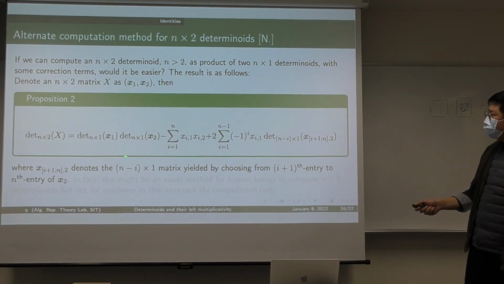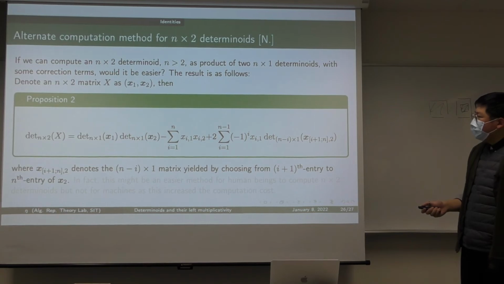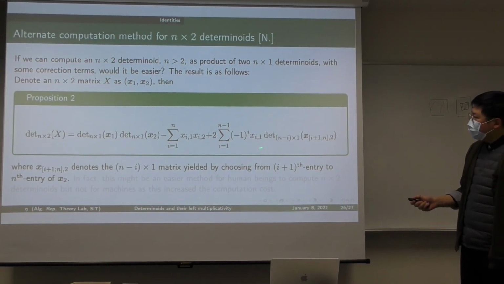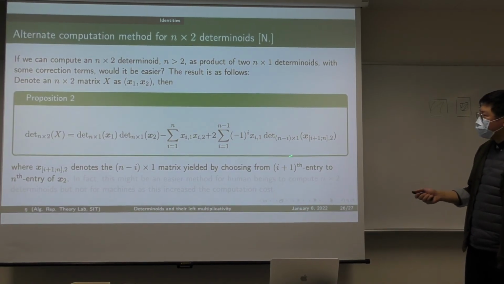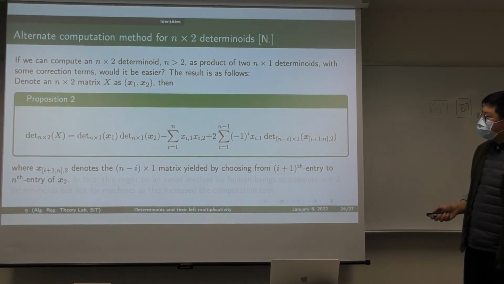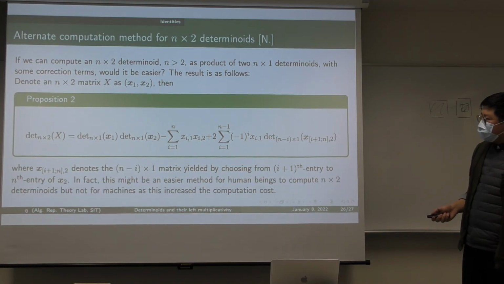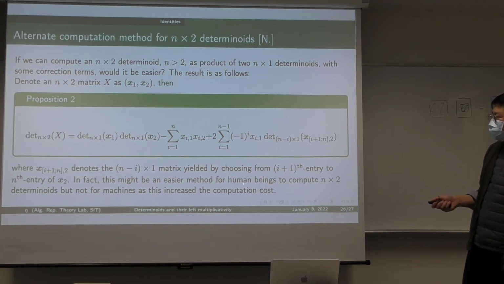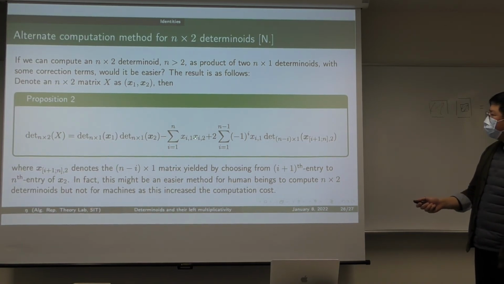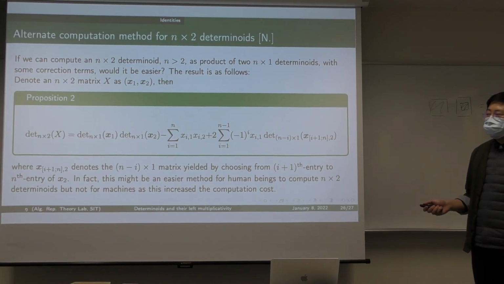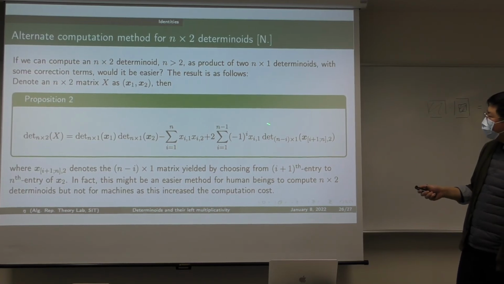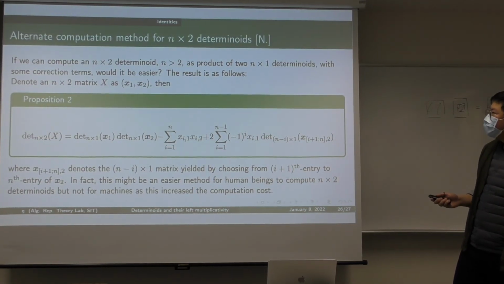It might look complicated, but I'm still thinking of a slogan on how to compute this term. In fact this might be easier for human beings, but definitely not for machines, because this increases the computation cost quite a lot. So I will put some more effort into this term to make a slogan out of it.